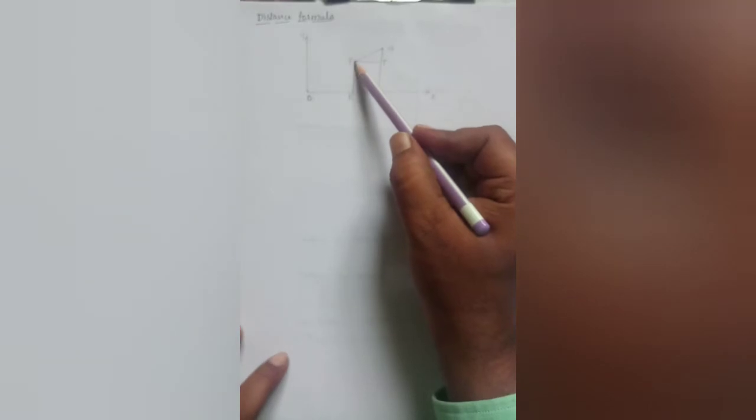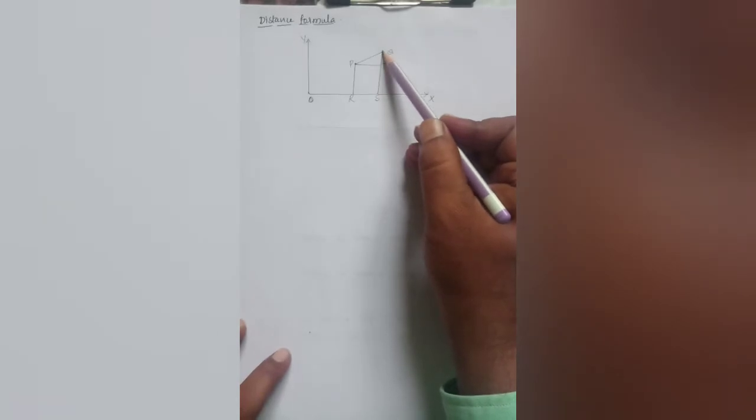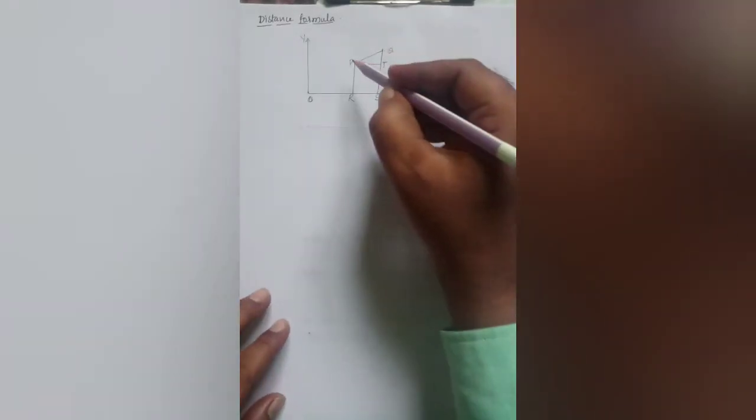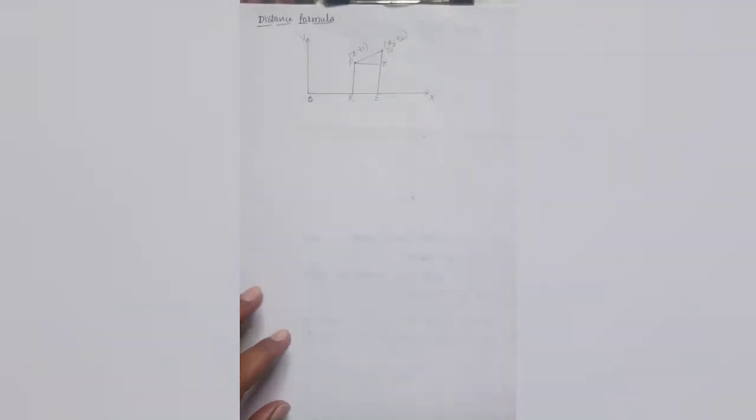Let us consider P and Q as any two points. Join these two points. Let the coordinates of P be x1 comma y1 and the coordinates of Q be x2 comma y2. Now you have to find the distance between the two points.